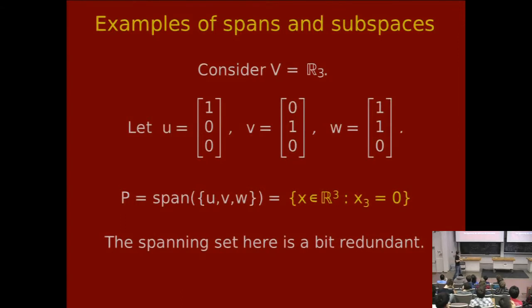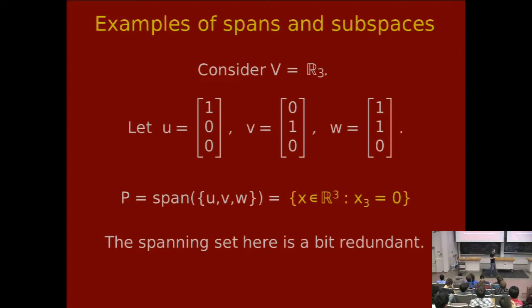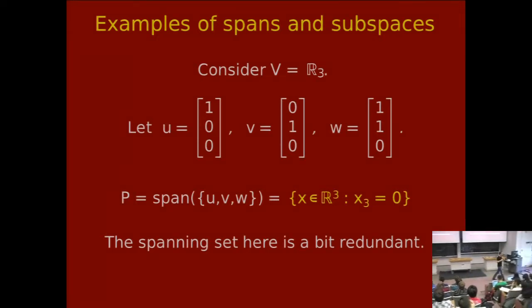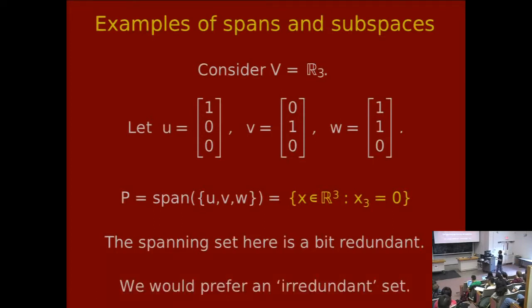In fact, the spanning set is a bit redundant. If you only want to get all the vectors in this plane, you don't need all three of these vectors to achieve it. Yes, that's right, any two of them would have worked, because pictorially any two of them span this plane on the ground. So you usually prefer an irredundant set for your spans.